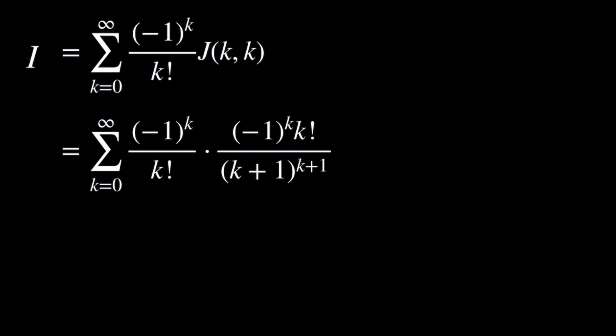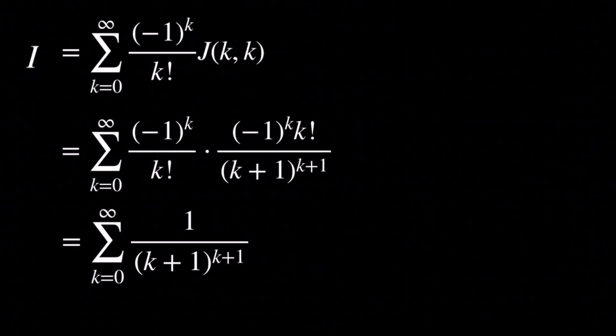Well, we have factorial k divided by factorial k, that's 1. Negative 1 to the k times negative 1 to the k is simply 1 to the k, which is simply 1. So we're going to get the sum, as k goes from 0 to infinity, of 1 over k plus 1 to the k plus 1.